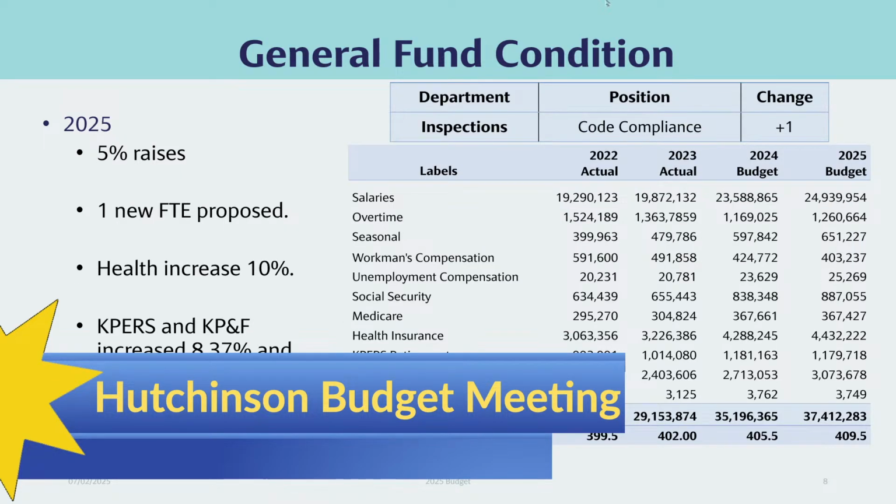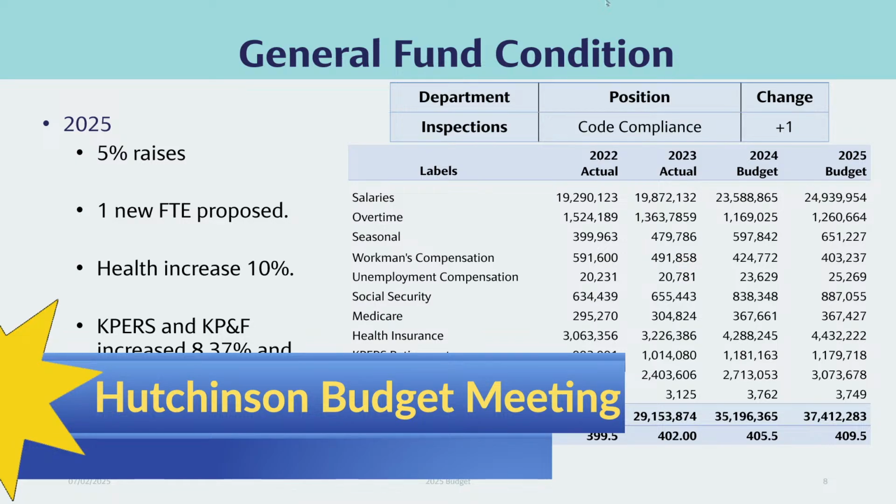So in 2025, what we're projecting is 5% raises. We have one new FTE proposed, and that's the code compliance officer, because we know that council would like to increase code compliance enforcement. So that was added to the budget. We're also looking at health insurance increases of 10%.